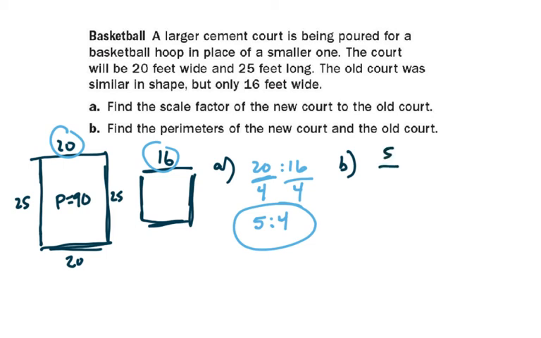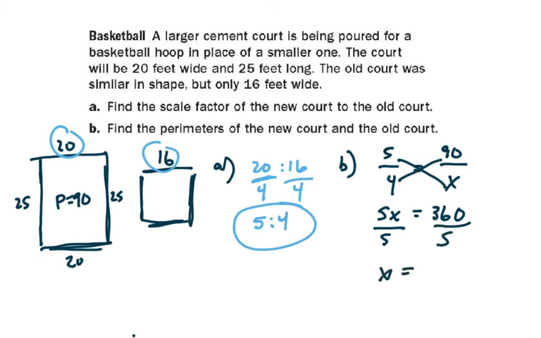So they have a 5 to 4 ratio, where 5 comes from the new court, 90 comes from the new court, so it matches with 5. The unknown perimeter comes from the old court, which is x. We'll cross multiply. 5x equals 4 times 90. 4 times 90 is 360. Divide by 5, and x equals 72 feet.